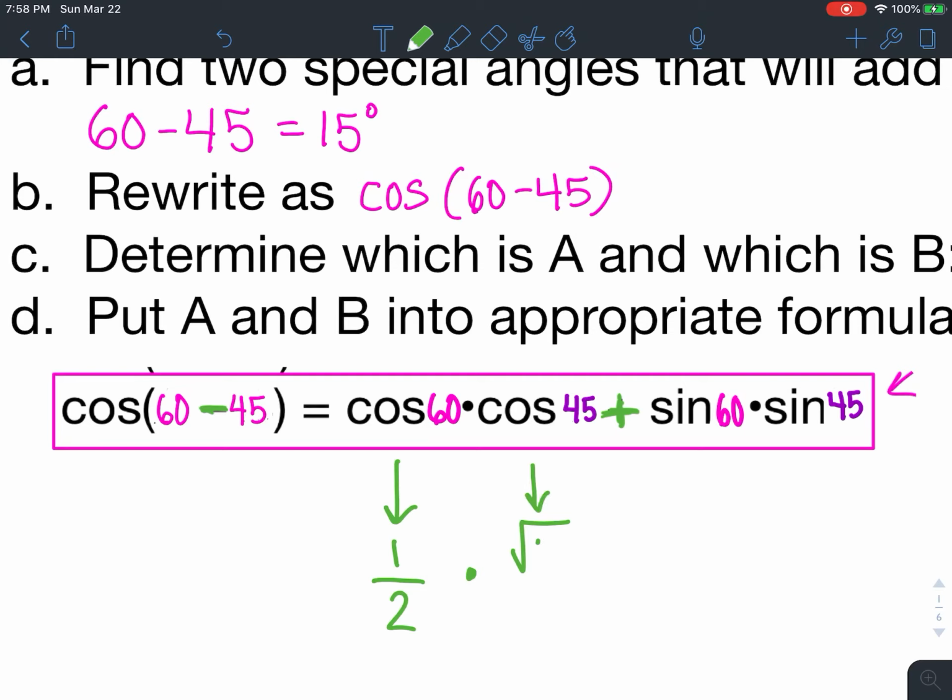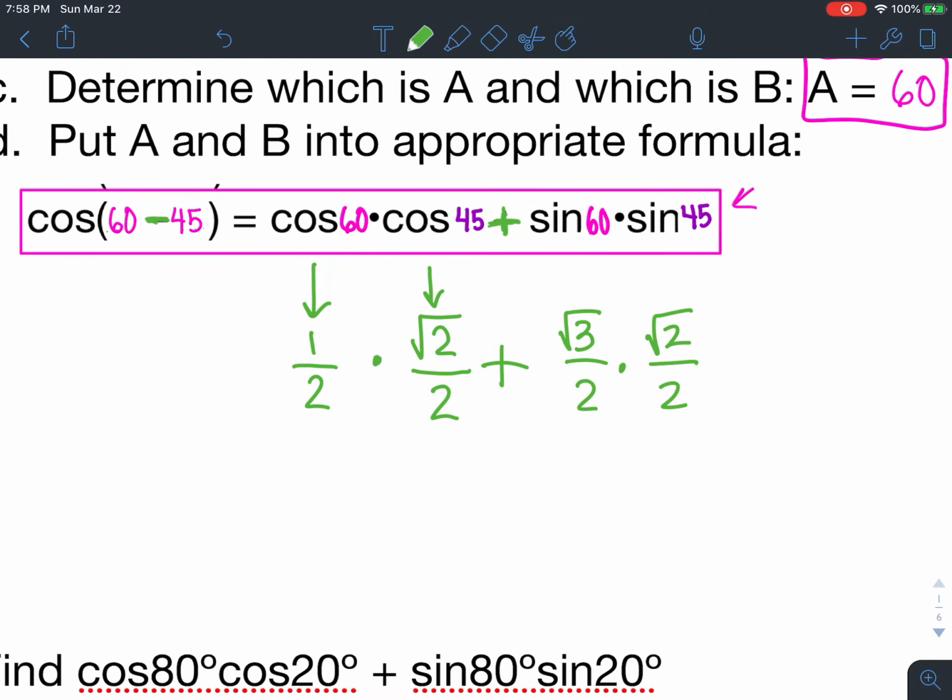And the cosine of 45 is radical 2/2. The sine of 60 is radical 3/2. And the sine of 45 is radical 2/2. Now I have all the values I need in there to answer this question.